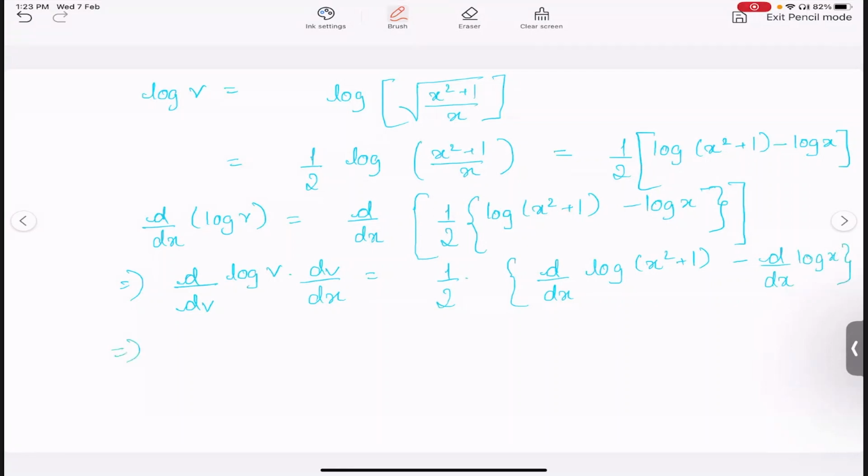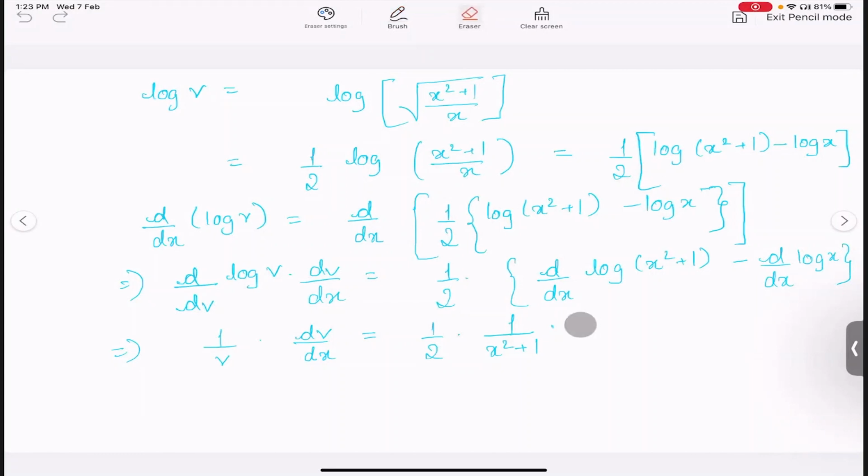Now since we know the derivative of log of v will be equal to 1 by v times dv by dx, this will be equal to half times the derivative of this log function multiplied by the derivative of the polynomial function that is inside the log. Either we can do it step by step or in one go. This will be x square plus 1 times the derivative, which will be 2x.